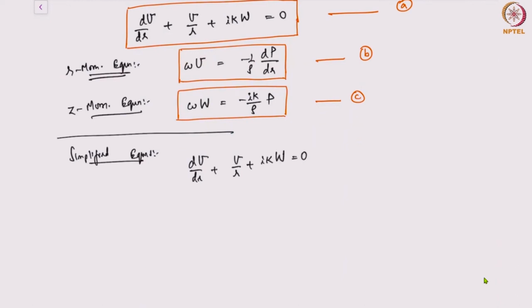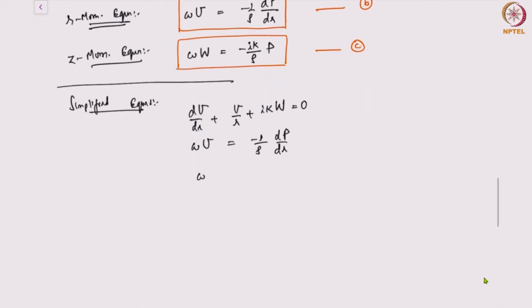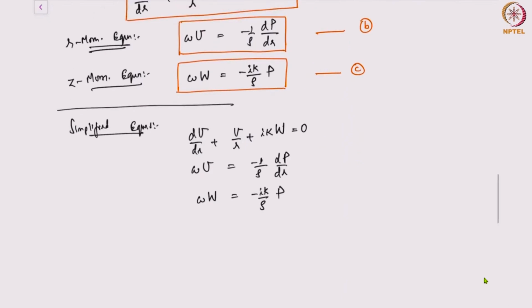And then we have omega capital U is minus 1 by rho d capital P by dr, and omega times W is minus Ik by rho of capital P. These are three equations that we have, right?